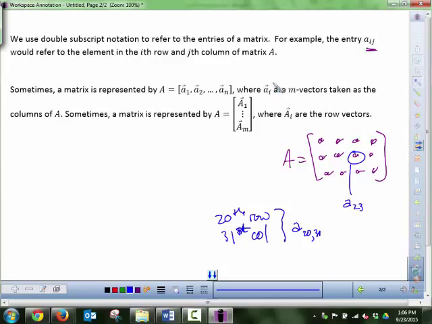So these are column vectors. And you put the column vectors right next to each other, they make up a matrix. And then likewise, these are row vectors. And if you put a bunch of row vectors together, you make up a matrix.